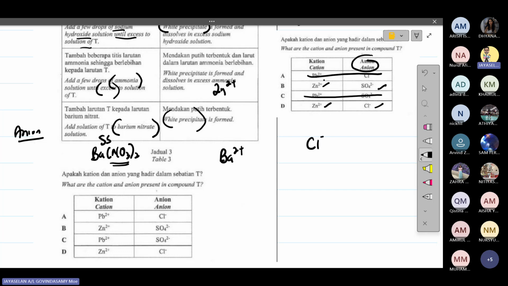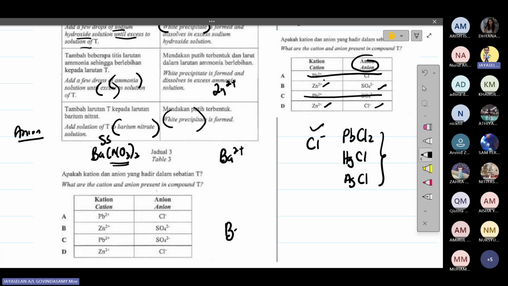For chloride ion, all are soluble except lead(II) chloride, mercury chloride and silver chloride, which are insoluble. So this is a white precipitate.